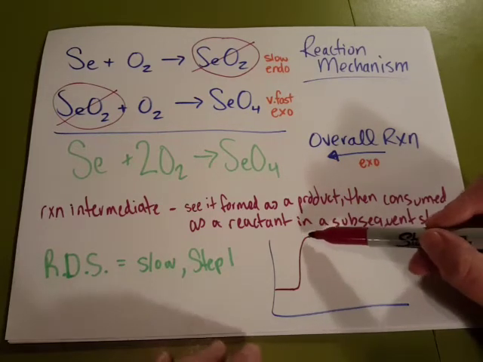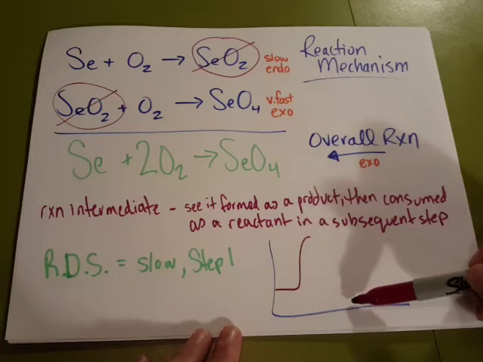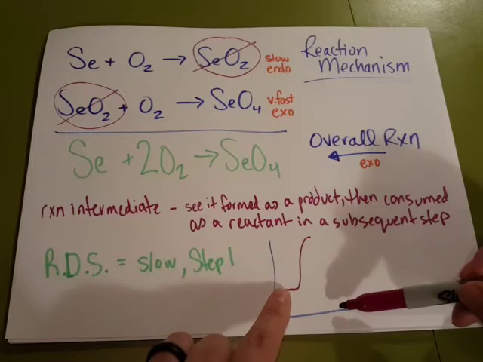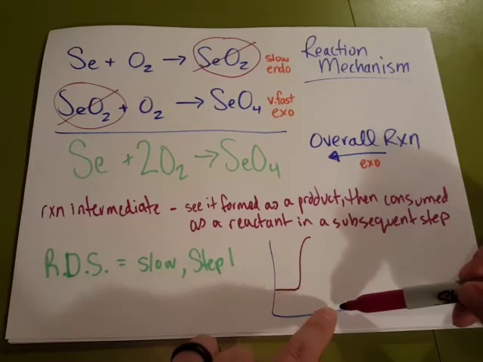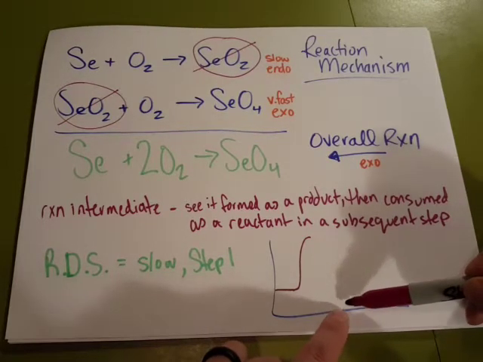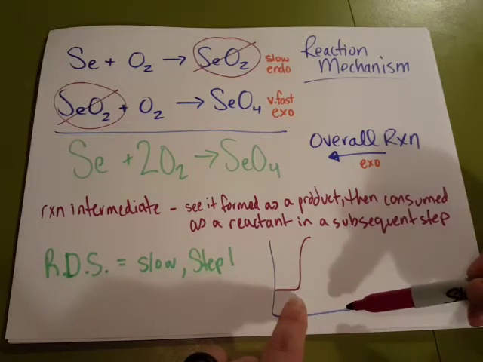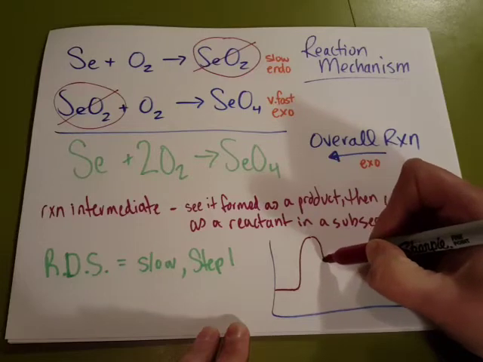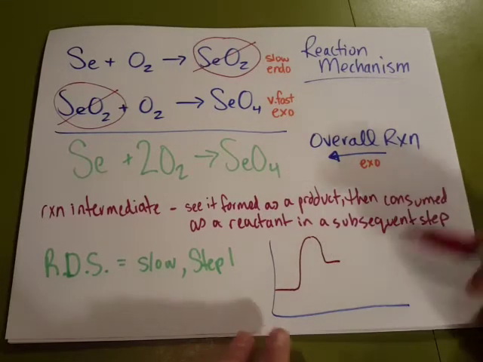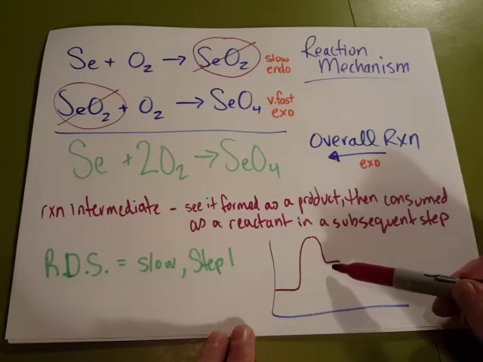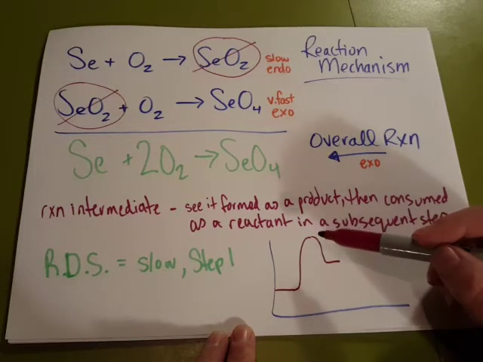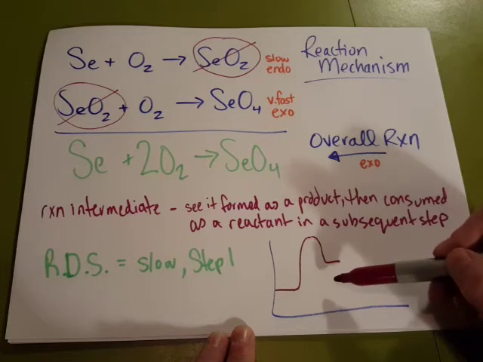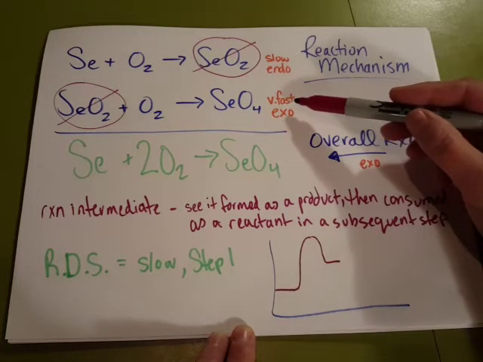If it was exothermic, I would put the bottom of the hill lower, so that the delta H relative to the reactants would make these products lower than the reactants in terms of overall heat of the system. But for an endothermic reaction, I want heat to flow from the environment into the system, and to have a positive delta H here. The second step is very fast.